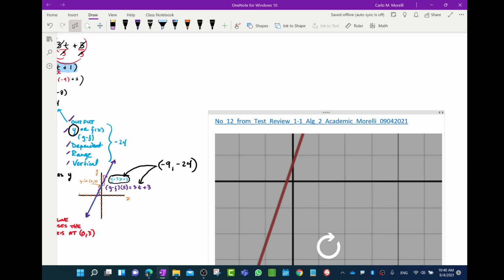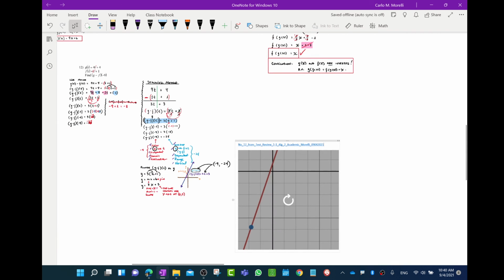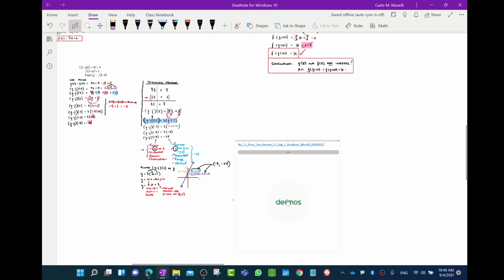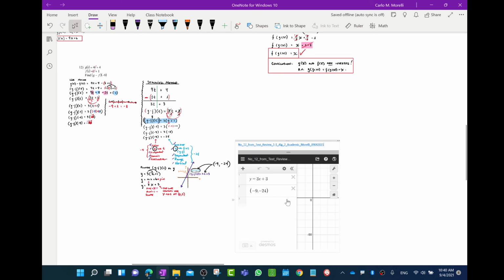Okay. Yeah, it was kind of frozen up there for a second. So now, if you were to load this up in your class notebook, you would actually have a working version of Desmos right here inside your class notebook that shows that point plotted on the line so that you remember the relationship that I'm talking about here.